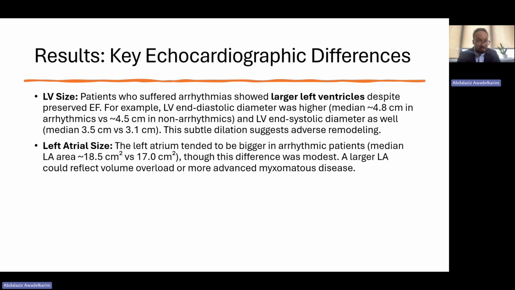The biggest difference in the analysis between the two groups is that people with arrhythmia had larger LV size, specifically when indexed, with a median of 4.8 versus 4.5, and higher LV systolic and diastolic diameter in both cases, which was statistically significant. There was also a slight increase in the LA size.